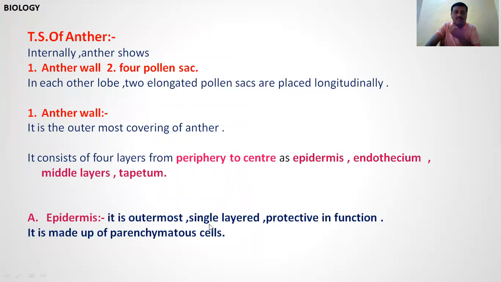It is a single layer, the outer protective covering layer, made up of parenchymatous cells. Its main function is protection of the inner walls, since in the pollen sac the microspores or pollen grains, the male gametes, develop and mature. This layer protects them.